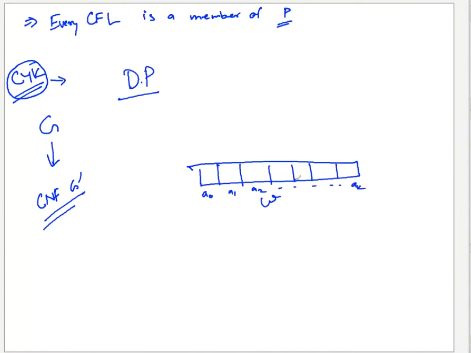Have you all already studied dynamic programming in your algorithms course? You know what a dynamic programming algorithm is, right? It's something based on memory. You keep filling the table, and the computation that you have done helps you do the further computation. So you are reusing it.